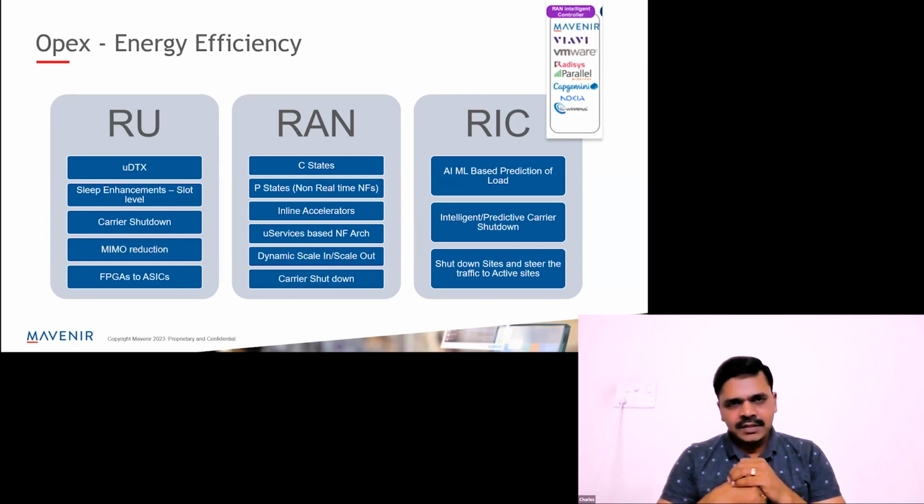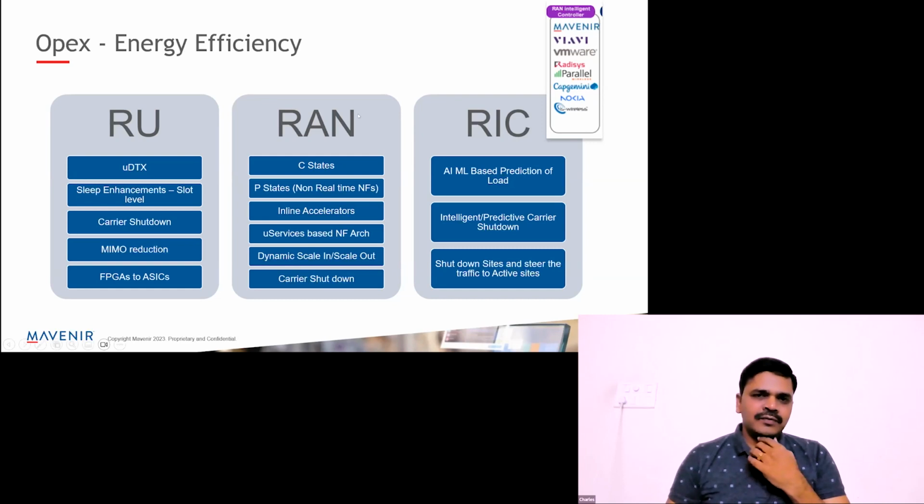When we go to the OPEX, energy is a huge OPEX component for any RAN network. If you look at the cell site hardware, 60 to 70% of the power is consumed by the radios. And so the predominant component where you look for energy efficiency is on the RU side. Most of the initial work has been happening on the RU side in terms of how do I reduce the power consumption.